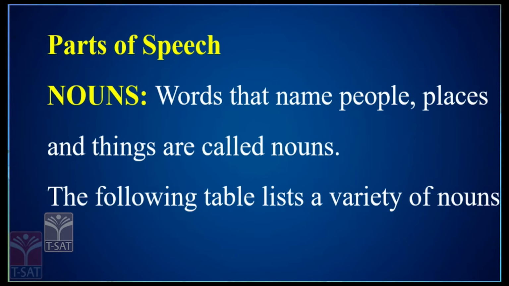If you would like to have an elaborate definition, words that name people, places, and things are called nouns. If you come across any word in the sentence related to people, places and things, they are supposed to be identified as nouns.